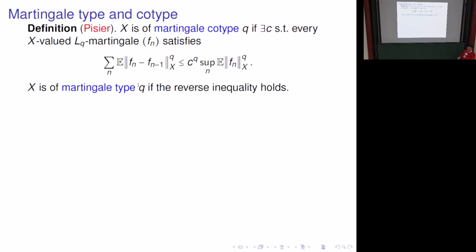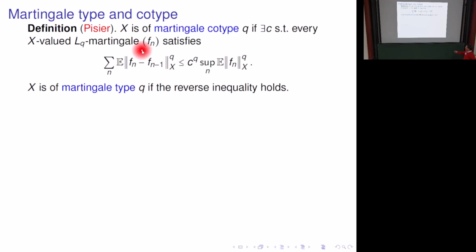Before that, now I remind you of the notion of type and cotype, but relative to martingales, the notion introduced by Pisier in the 80s. The Banach space X is of martingale cotype q if there is a constant C such that all finite X valued L^q martingales satisfy this inequality.